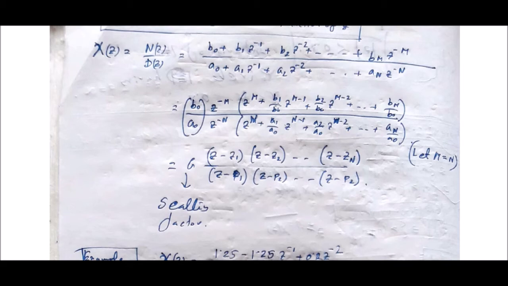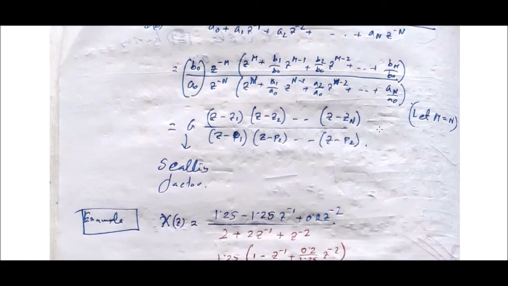In this way all the other terms can be written. Now if you consider, for simplicity, that m and n are the same, then z to the power minus m and z to the power minus n will both cancel. This one will be nothing but a constant, g, the scaling factor. And this one is a polynomial equation in z of degree m, and this one is a polynomial equation in z of degree n.